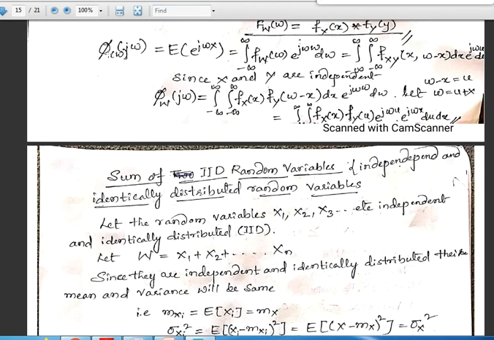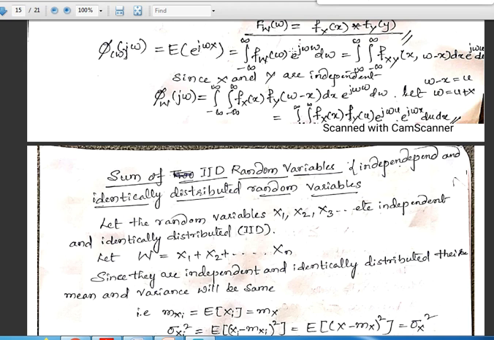For the characteristic function, we need to prove that phi of w is equal to phi x and phi y's multiplication. The characteristic function is nothing but the expectation of e raised to j omega x.